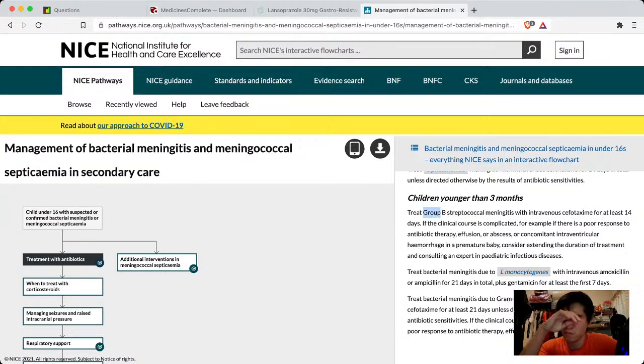Okay, younger than 3 months, the common organisms are group B Streptococcus, and the mnemonic is GEL. So group B Streptococcus, E. coli, and Listeria monocytogenes. Then after that, after 3 months is NHS or NS, if I remember correctly.